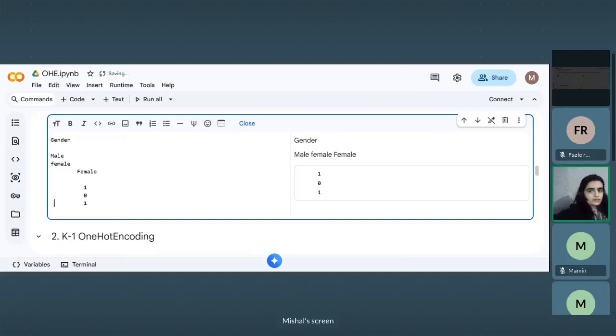If we drop the first column, will our model still be able to identify whether the person is a male or a female with the help of just this column? What do you guys think?